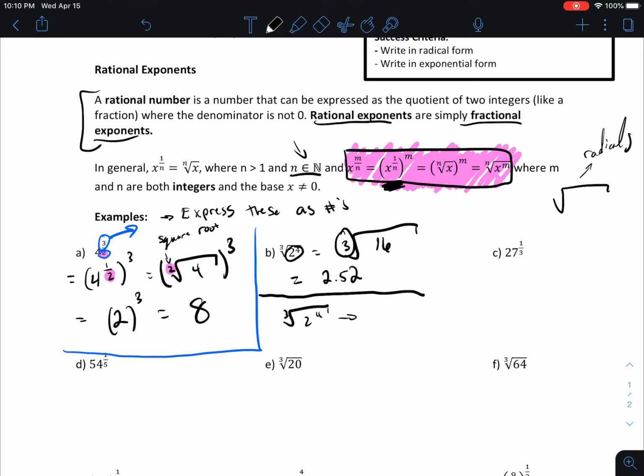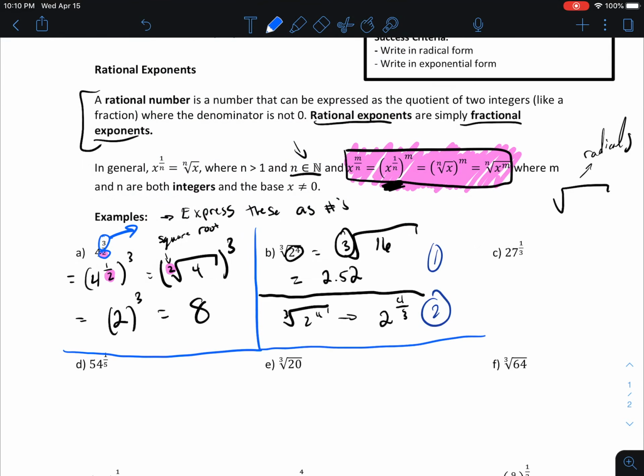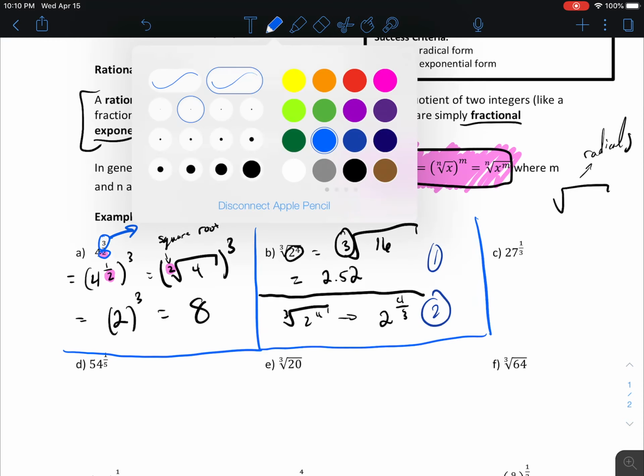The cubed root of 2 to the power 4 actually turns into 2 to the 4 over 3. So I could ask you either of these two things. I could ask you to do this and evaluate, give me a number. I could ask you to rewrite it with a rational exponent. Okay? That's good. Let's do the next one.